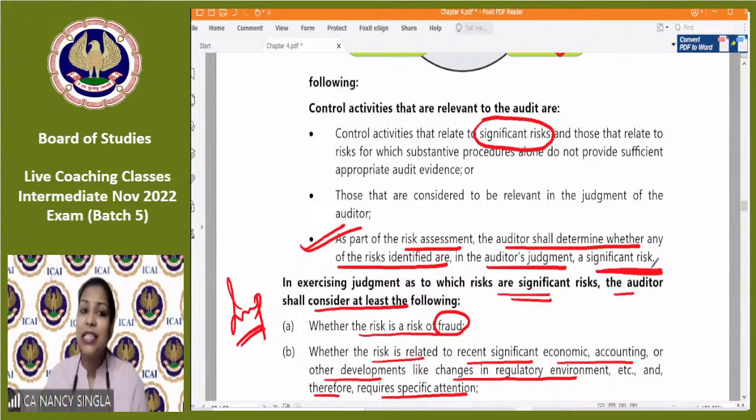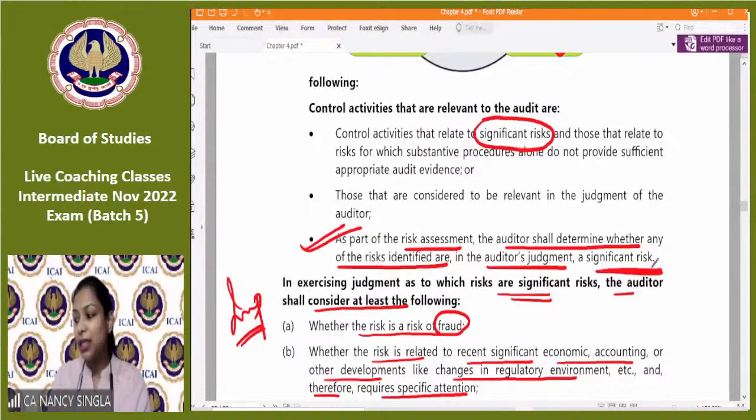It is not that certain risks are significant risks, so we ignore them. No, the auditor will extend his audit procedure with respect to significant risk. In case of significant risk areas, the auditor may decide, okay, I'll not rely on the internal control with respect to these areas. I'll extend my substantive procedures with respect to these areas.